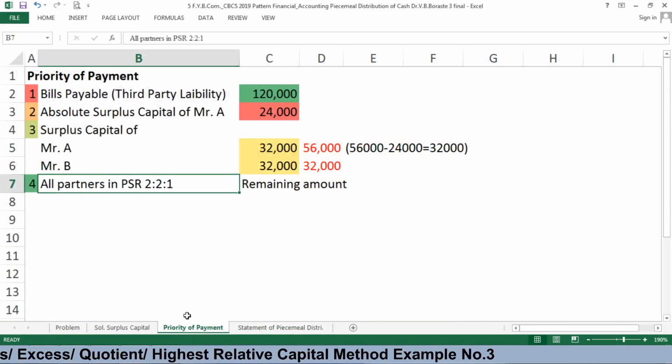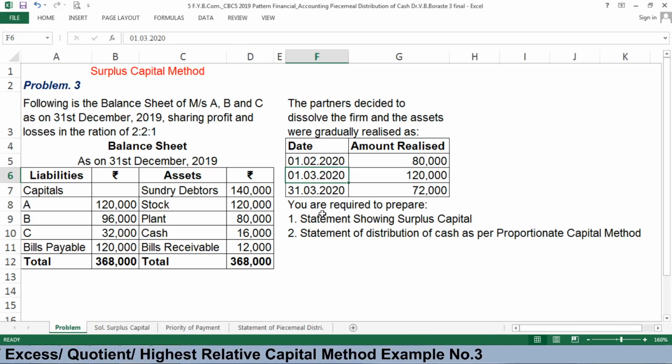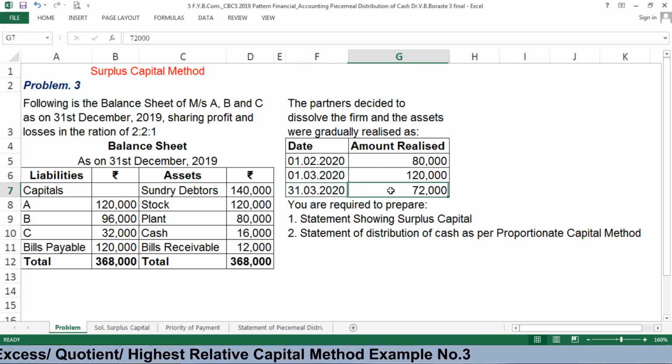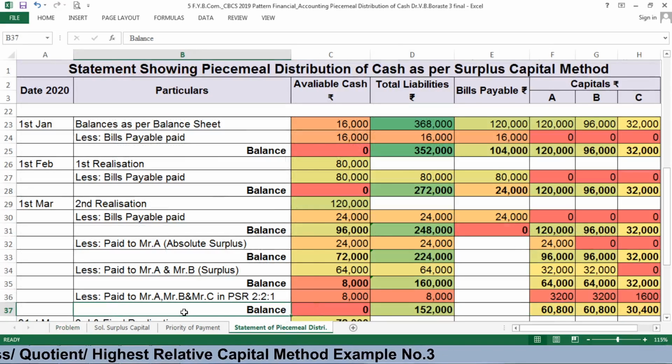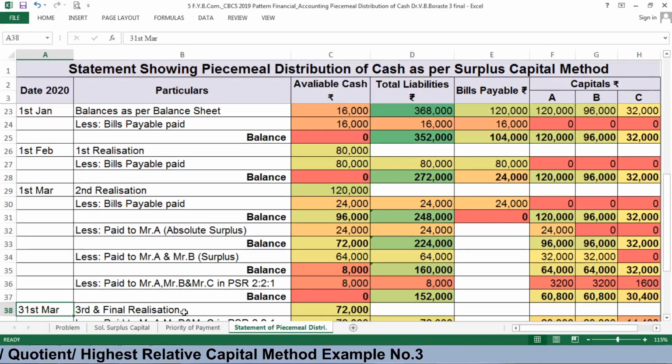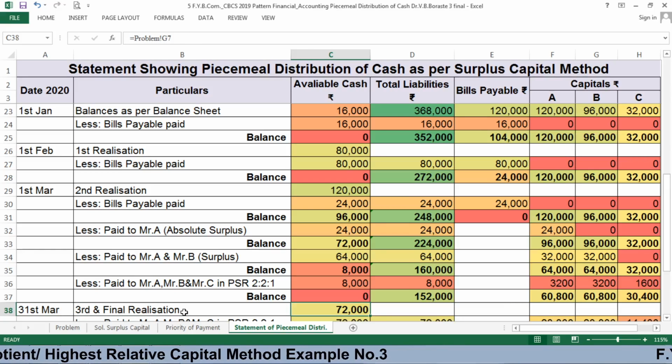Still we have one realization on 31st of March, that is 72,000. So we can call that realization number 3. In the next step, on 31st March 2020, we will record the third and final realization of rupees 72,000.